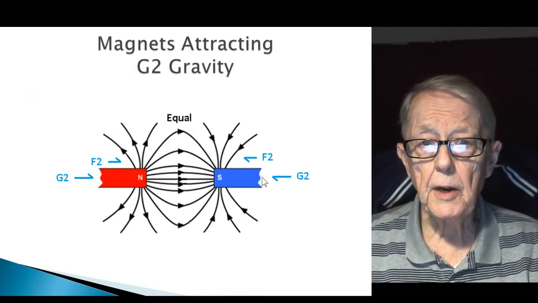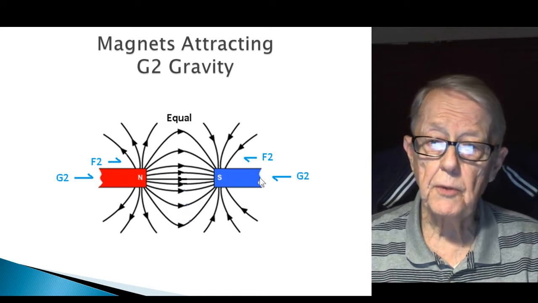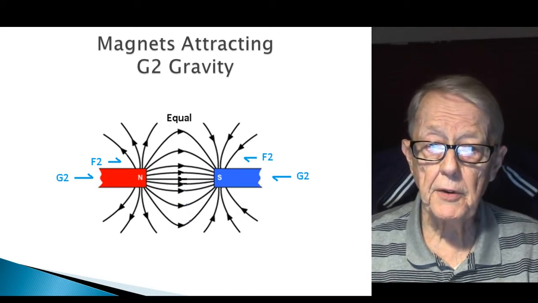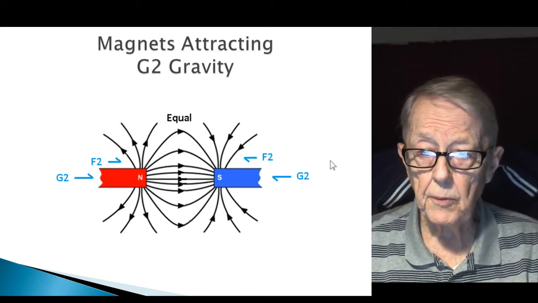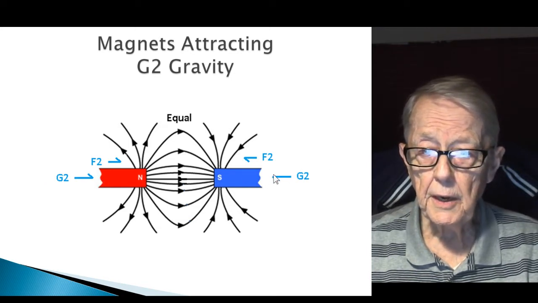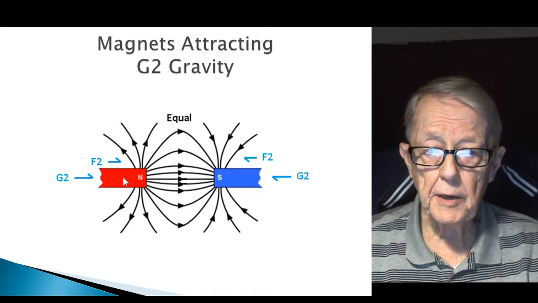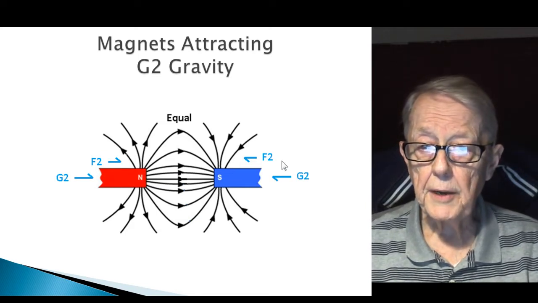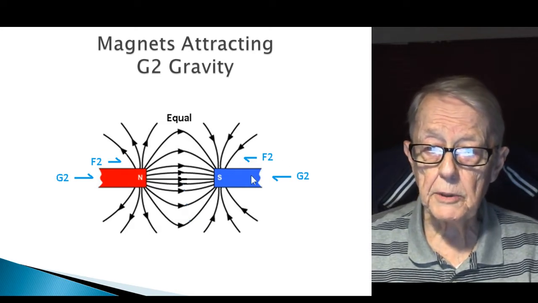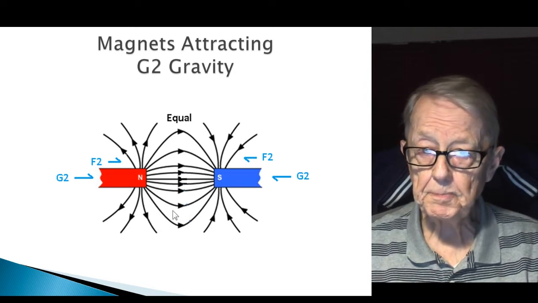Okay, let's talk about G2 force pushing two objects together. You have G2 particles flowing this way and this way. There's a lot of loss this way until you get here, causing a net force, F2, to push this magnet to the right, and you get the same thing the other way, pushing the magnet to the left.